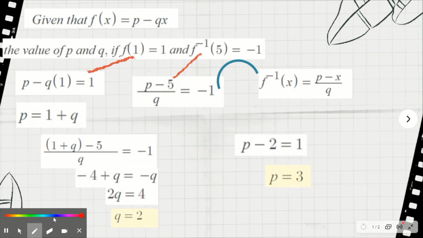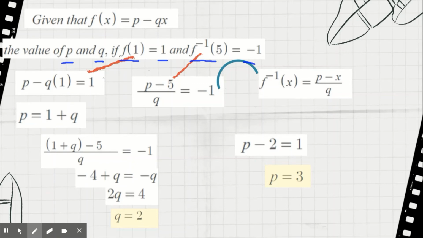So moving on to the next question. The question is, find the value of p and q if f(1) equals 1 and f inverse(5) equals negative 1. So we know because we have two unknowns, we need to use substitution or elimination method, and we need two equations.